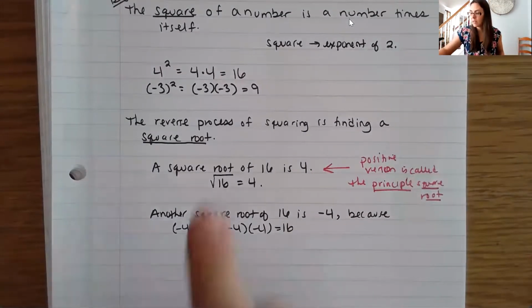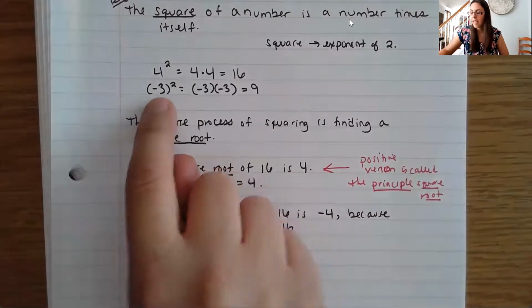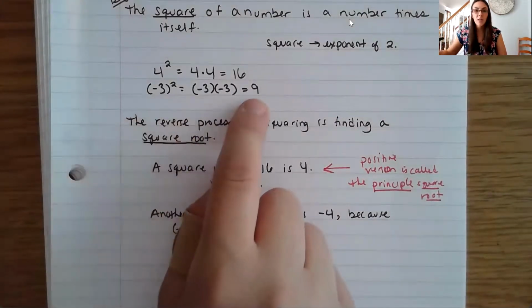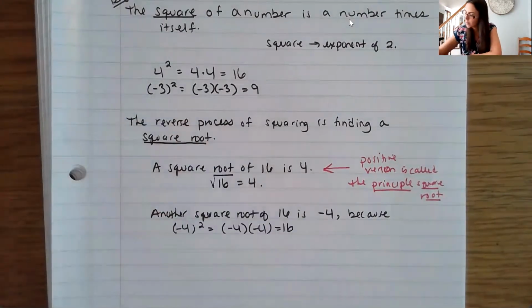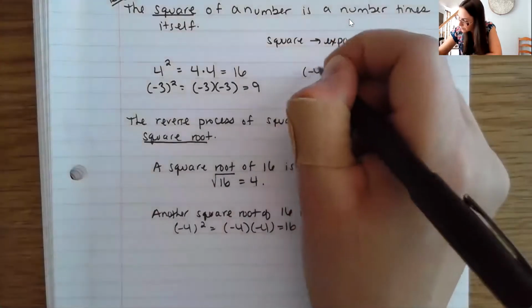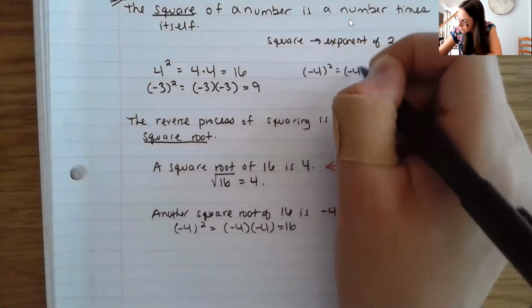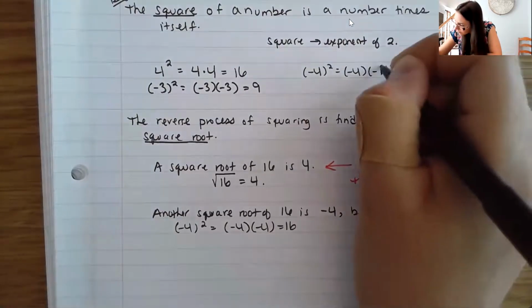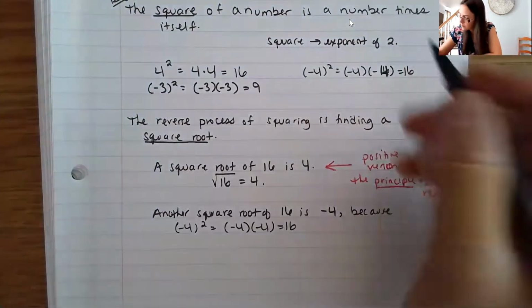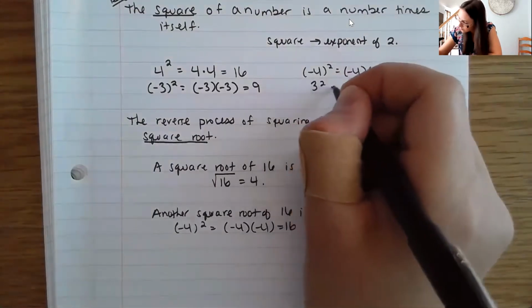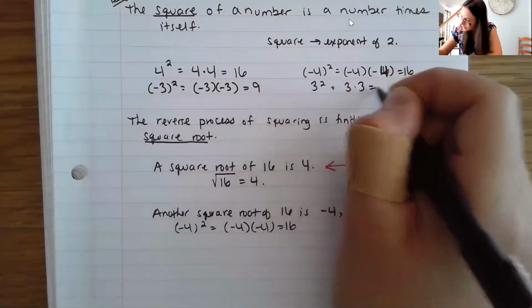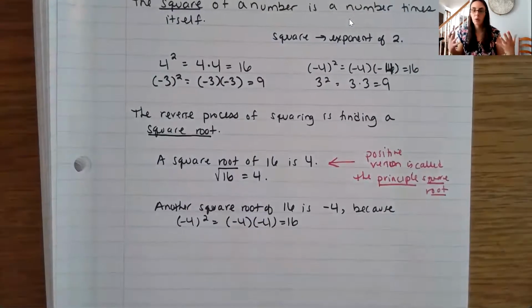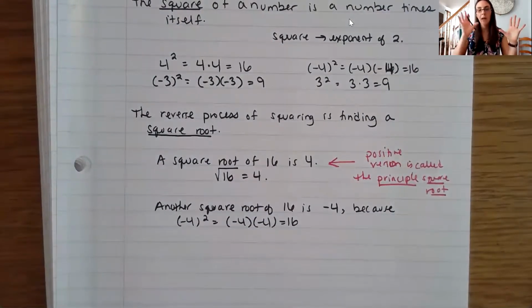So we have the example here too with a negative, right? So negative 3 times negative 3 is 9. So is 3 times 3. So maybe I should write both of these examples down. So technically there are 2 square roots for each number because you could have the positive value being squared or the negative value being squared.